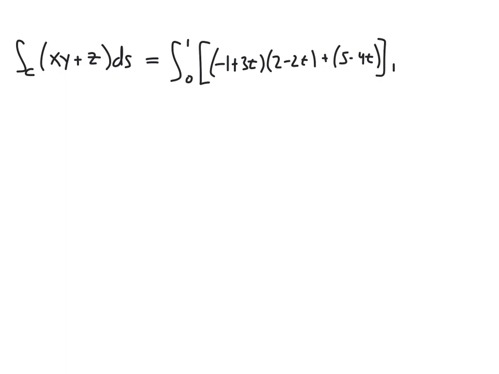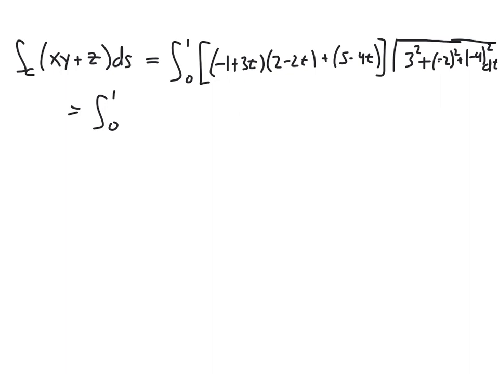And we want to multiply this by the square root of the sums of the derivatives squared. So the derivative of x with respect to t is just 3, so we'll have 3 squared there. The derivative of y with respect to t is -2. And the derivative of z with respect to t is -4. Right? And all of this is dt. And so what we end up with here is the integral from 0 to 1.